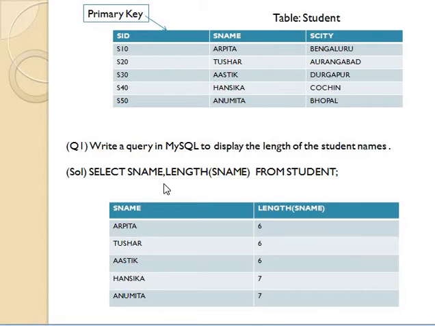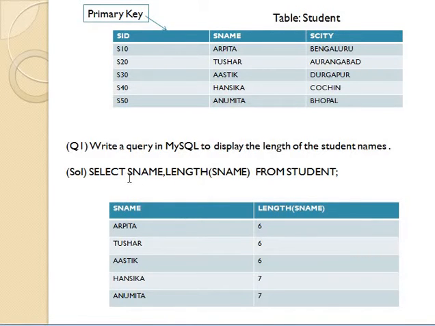On writing this query, the first part selects the column SNAME from the table student. If we select the column SNAME, all the entries, starting from Arpita to Anumita, shall be added into the output table along with the column SNAME. That's why in the output table I shall see the column SNAME with each of its entries.